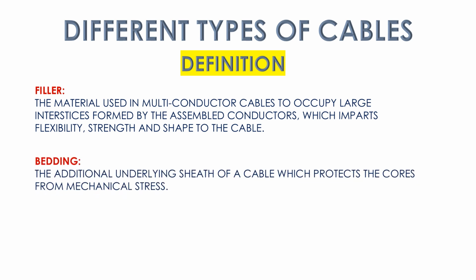Bedding: the additional underlying sheath of cable which protects the cores from mechanical stress. That's why it is very important to take care of our cable, and there are a lot of protections for our cables.